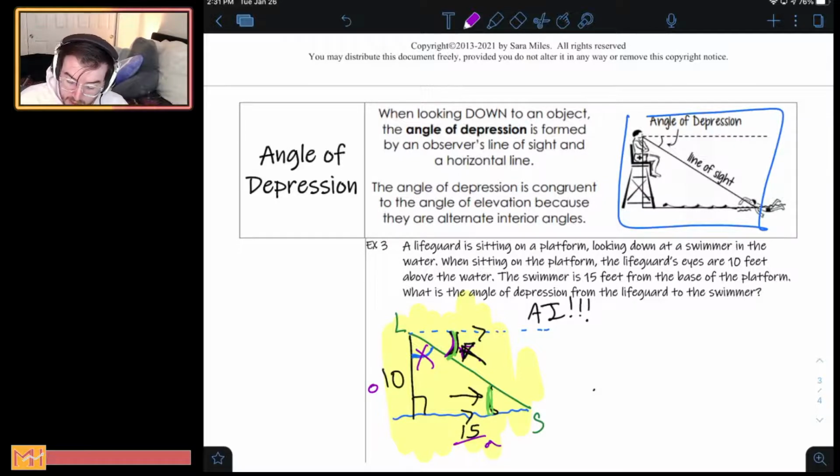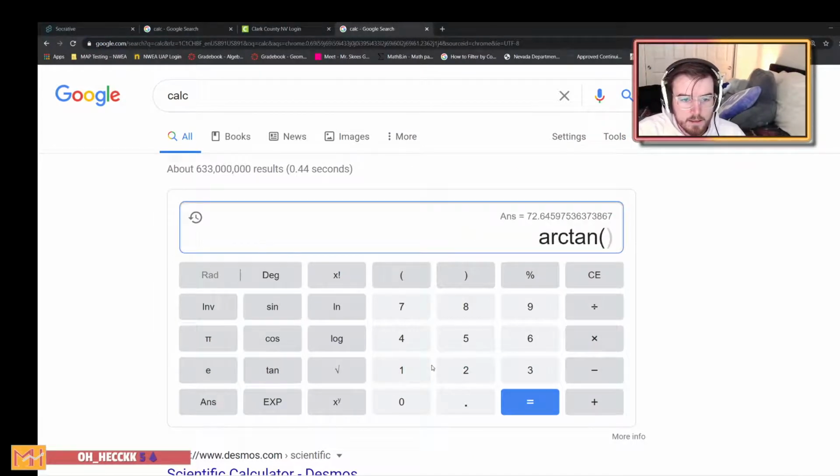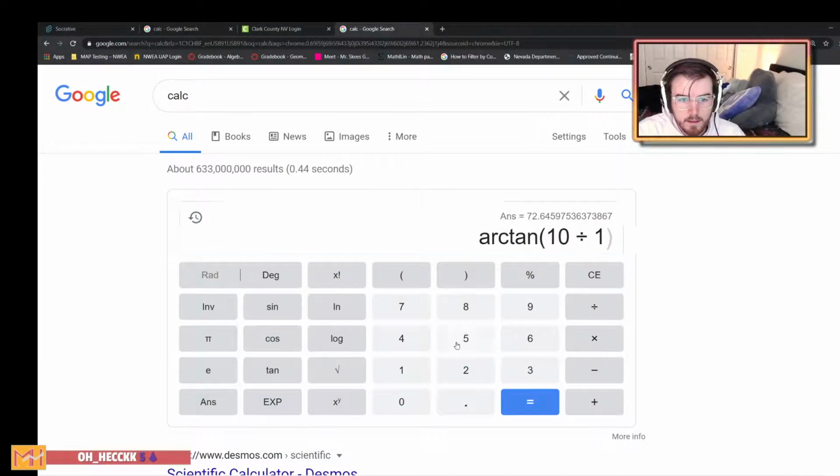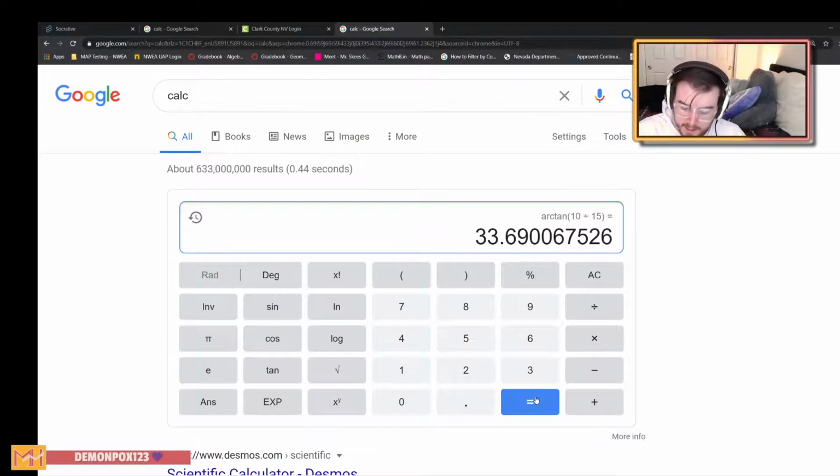This is adjacent to this angle. So tangent once again. So inverse tangent of 10 over 15. What is that? 33.7 degrees.